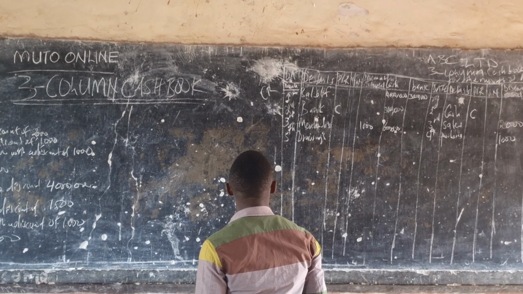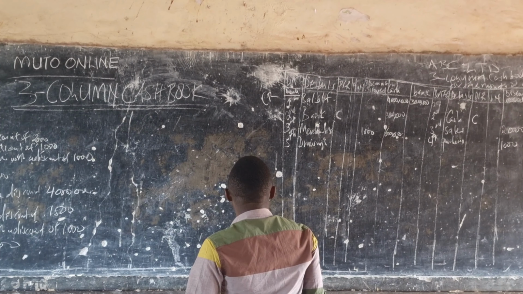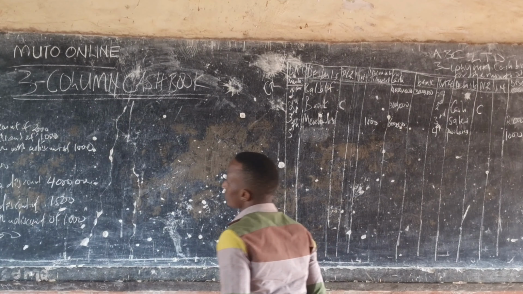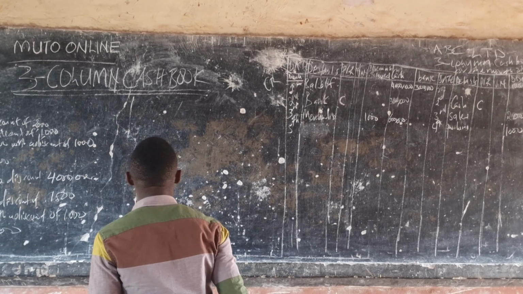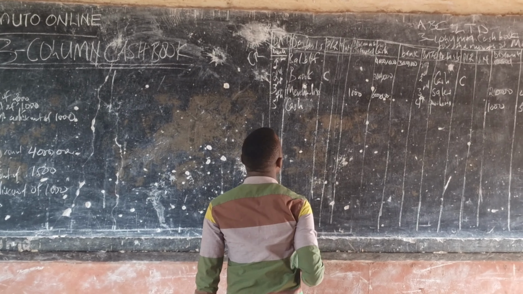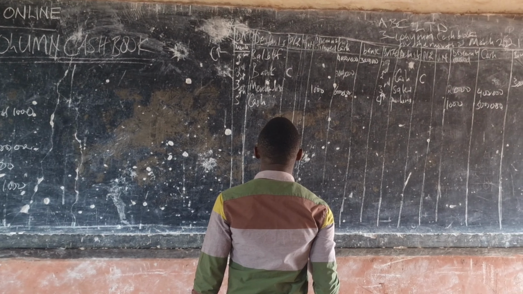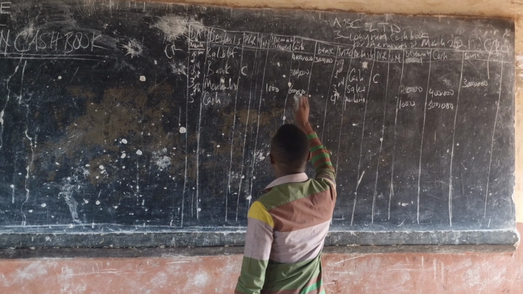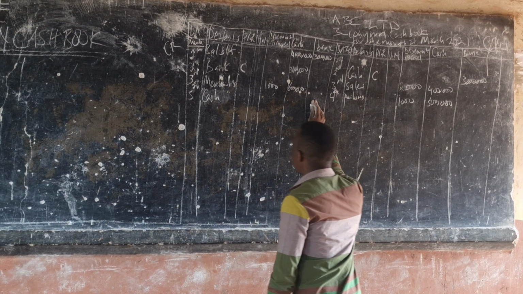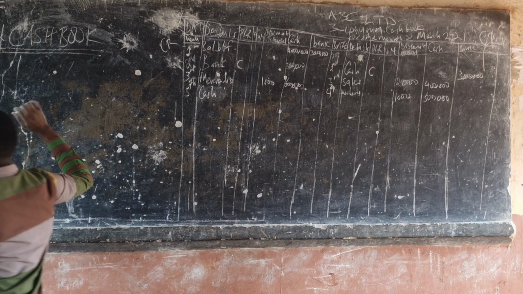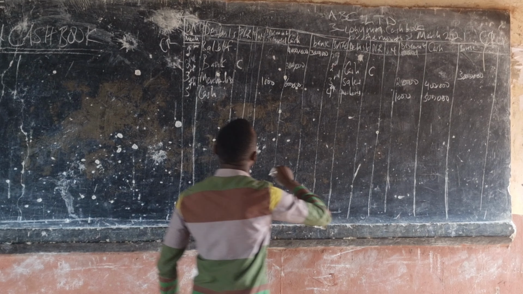You can record drawings, or you can record cash. Cash is gaining. The bank is losing to cash. This was an amount of 2 million.